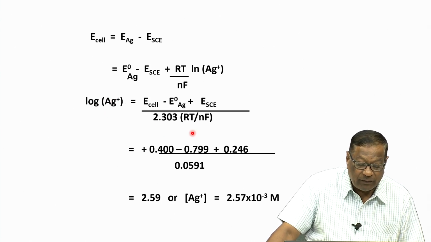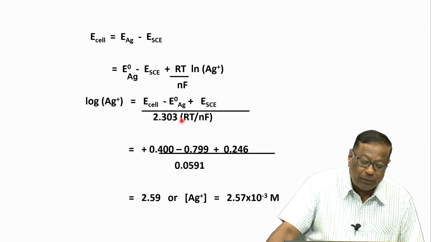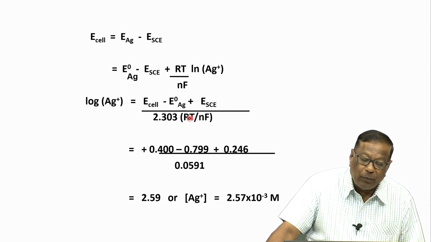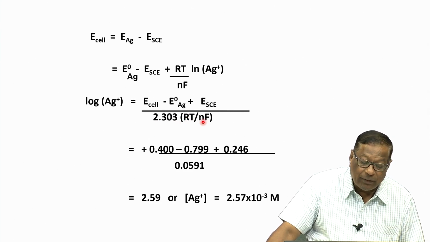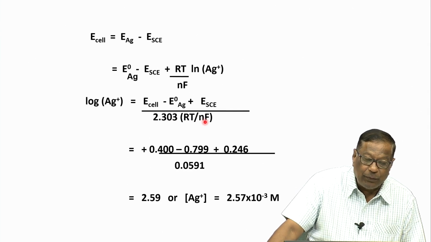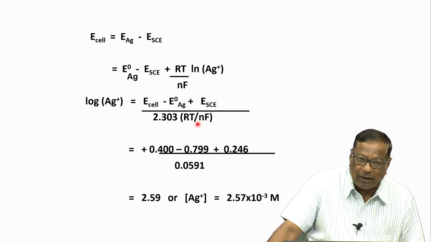So, this value you should remember for all the time to come if you want to be an electrochemist. 2.303 RT by nF is 0.0591. Okay. So, if n is equal to 2, then it will be different. Put n is equal to 2 and find out whatever comes out.